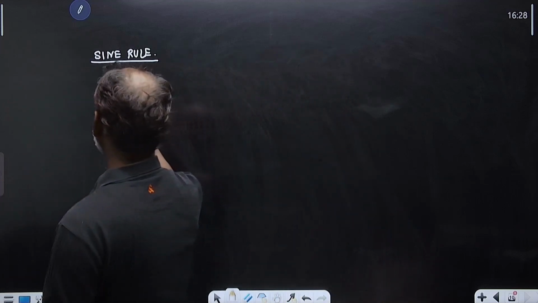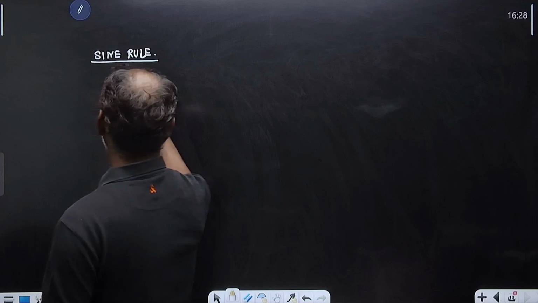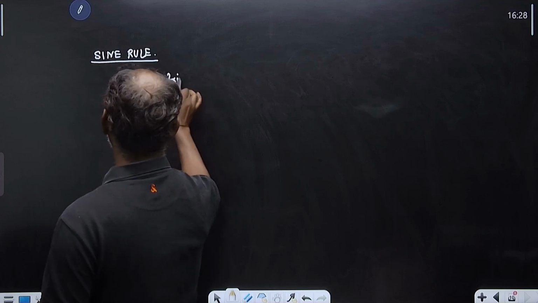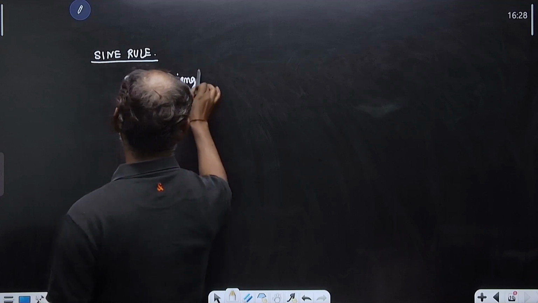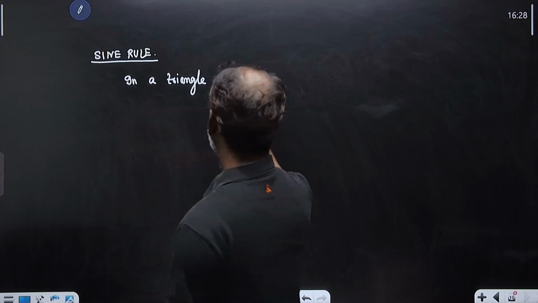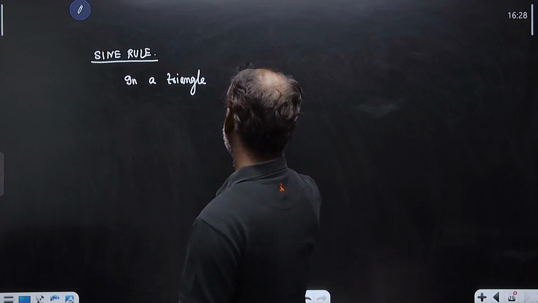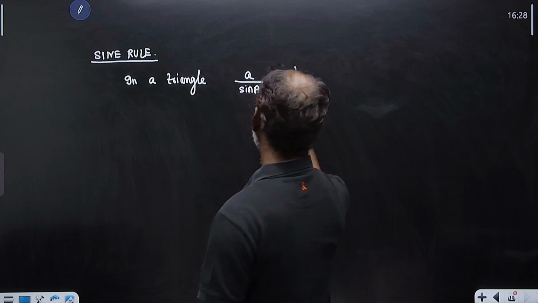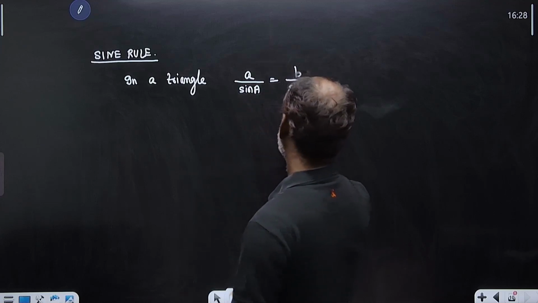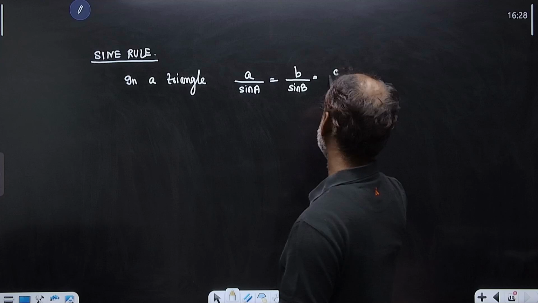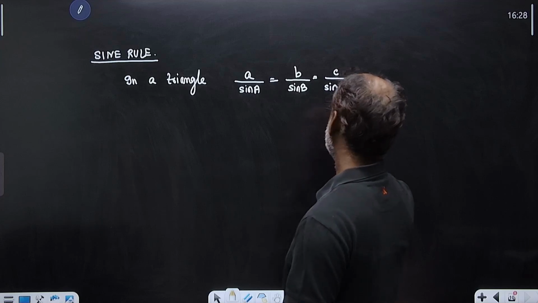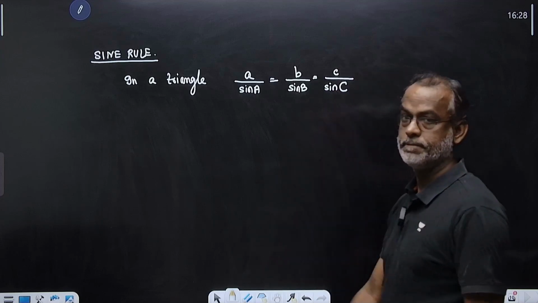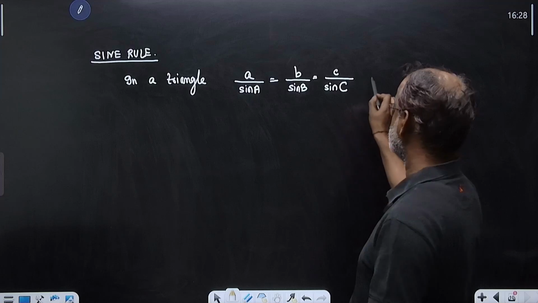In a triangle, a upon sine A is b upon sine B is c upon sine C, which is 2R.